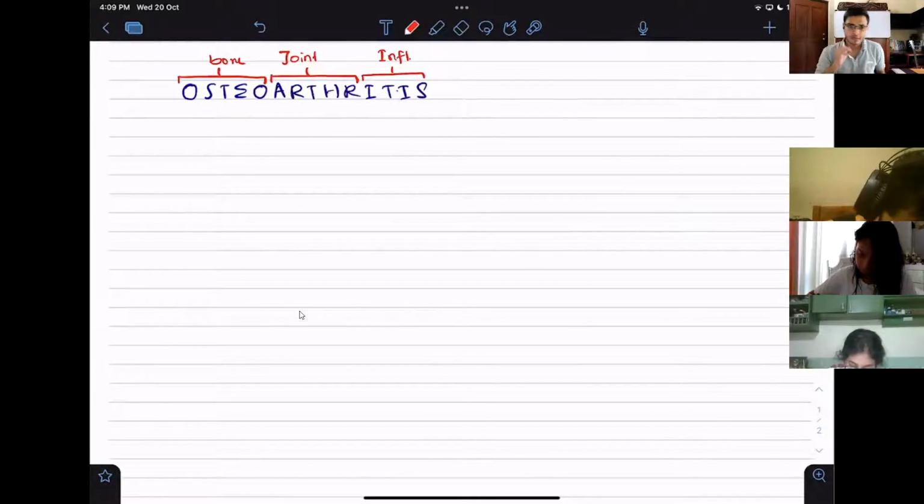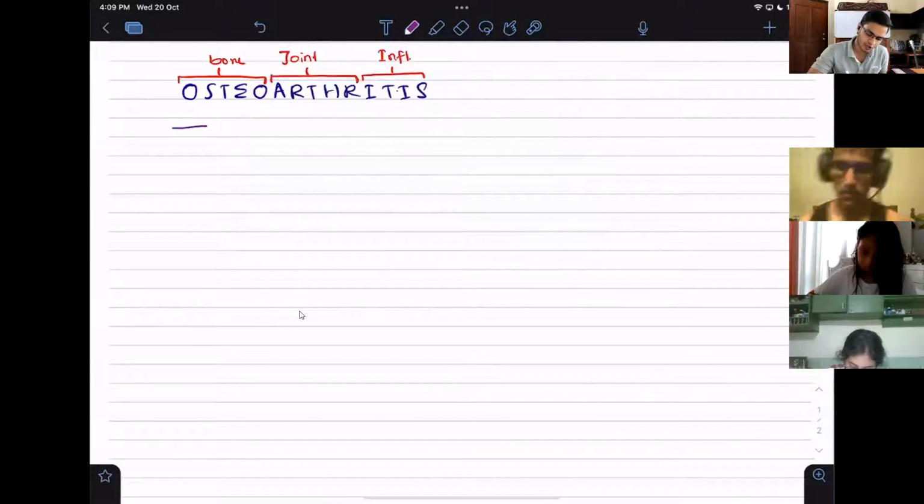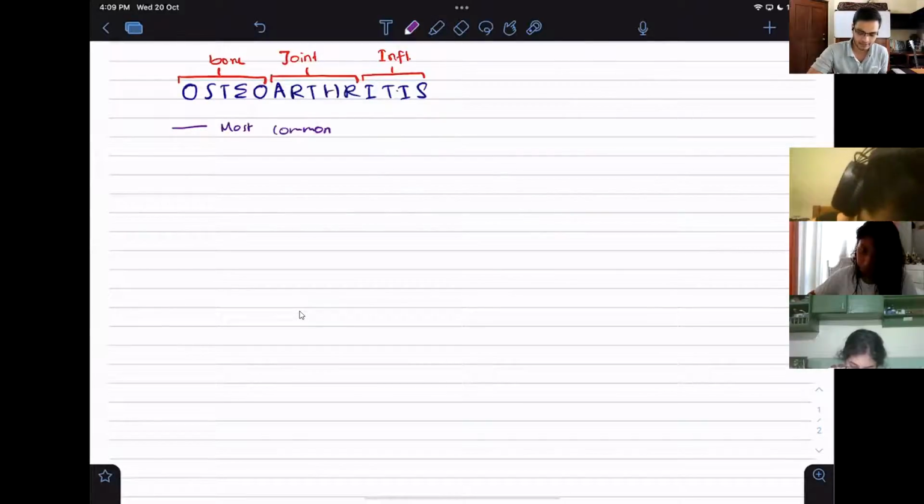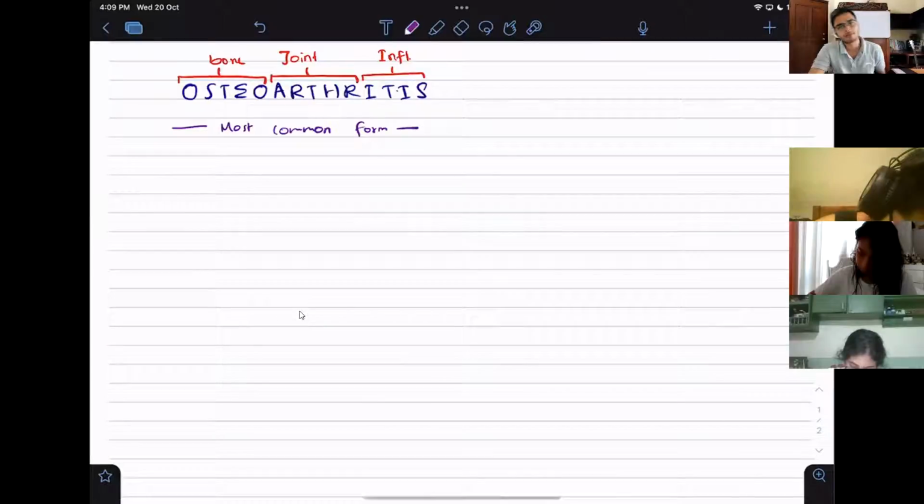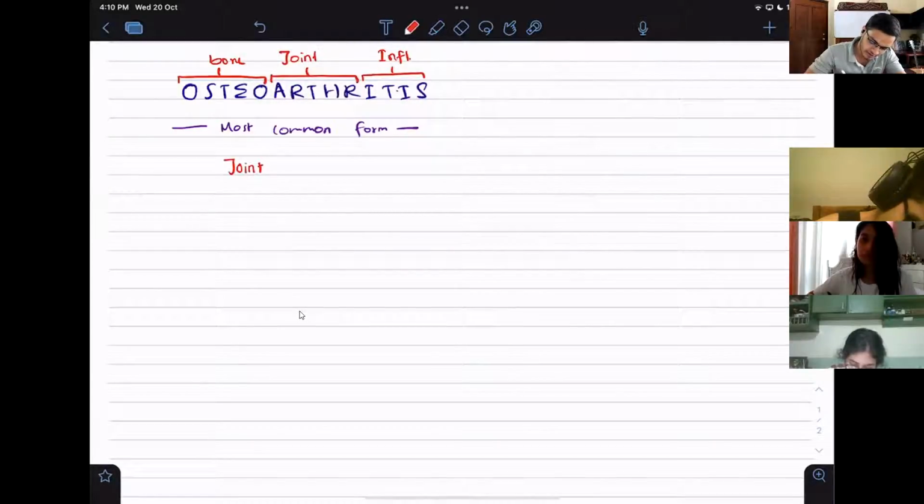Now, the first point I want you all to know, guys, is that this is the most common form of arthritis. In the upcoming chapters, we always discuss various types of arthritis. When you all hear osteoarthritis, I want you all to repeat in your minds: joint failure.